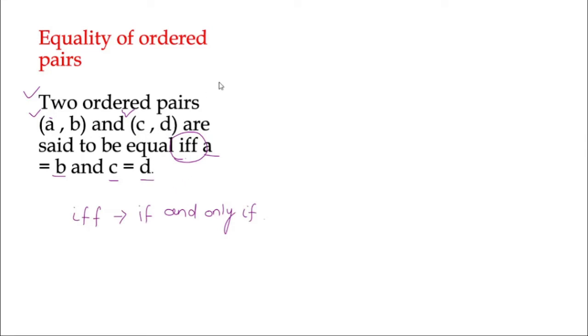So if I have an ordered pair 1, 2 and another ordered pair 2, 1, then you can see that both have the same elements, but here the first element is 1 and here the first element is 2. As the corresponding elements are not the same, both of them are not equal.